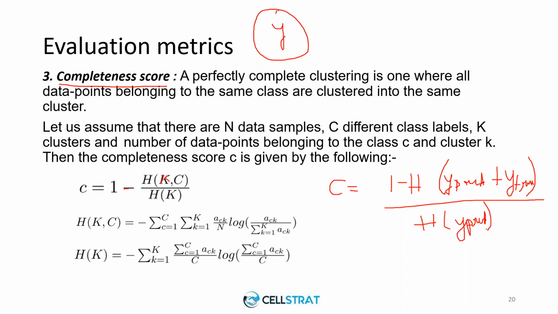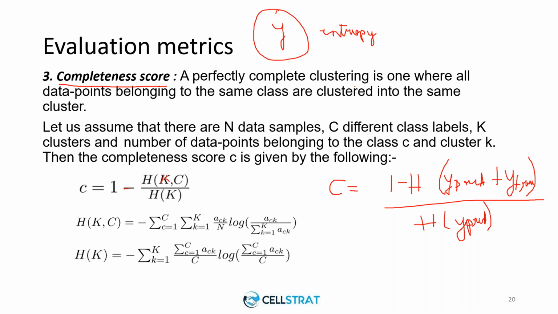What is H? H is your entropy. What does entropy mean? Entropy means disorderliness. If there is high disorder in your data, then the completeness score goes down. And if there is low disorder in your data, the completeness score increases.